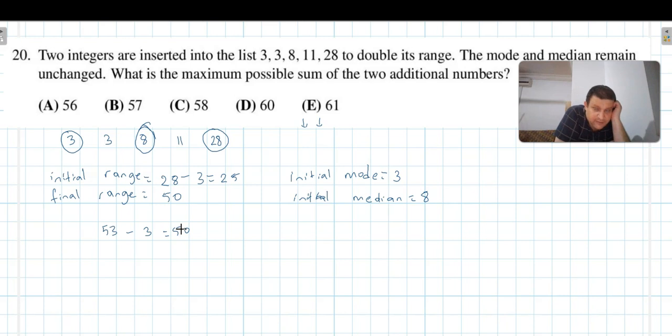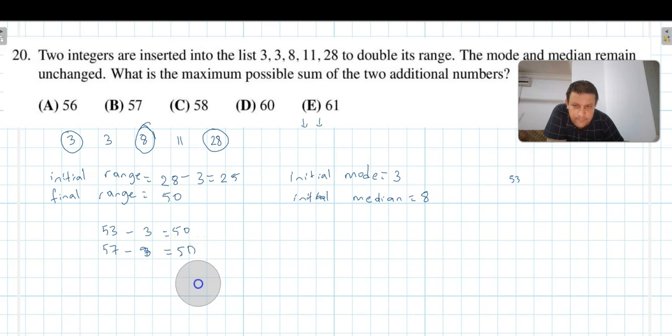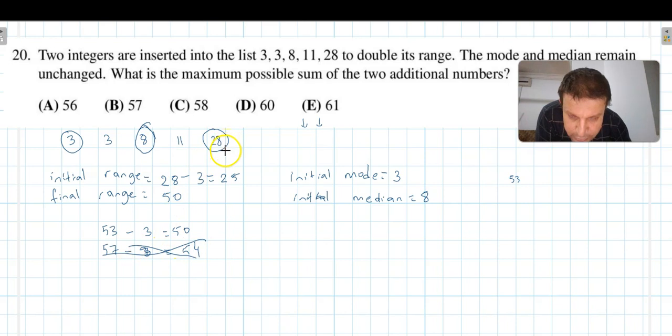But can we find something better? Try 57 and 7. Is it possible? It's not possible, because even with 57, the range is going to be 57 minus 3, which is 54. So this is not the case, and 57 is not possible.